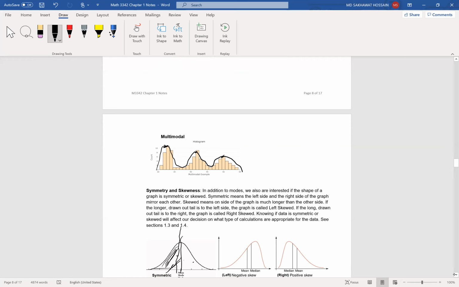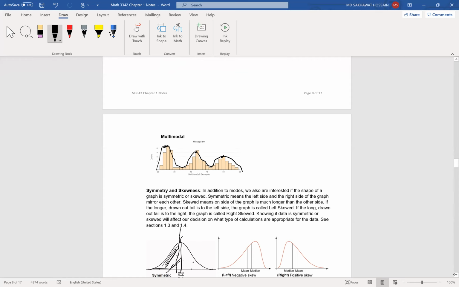If you have this type of distribution, then this is called a symmetric distribution. And if you do not have this type of distribution, meaning the left side of the data is not the mirror image of the right side, then this is called a skewed distribution.